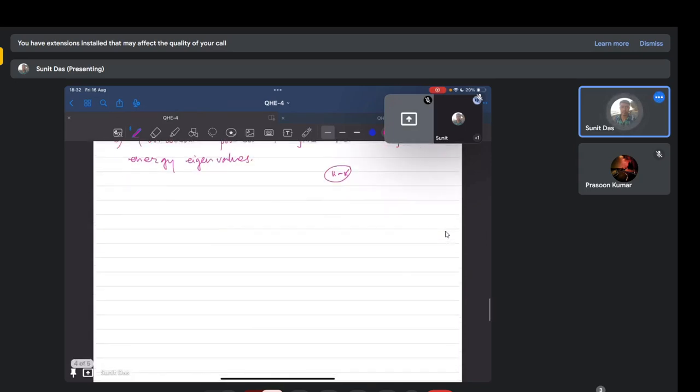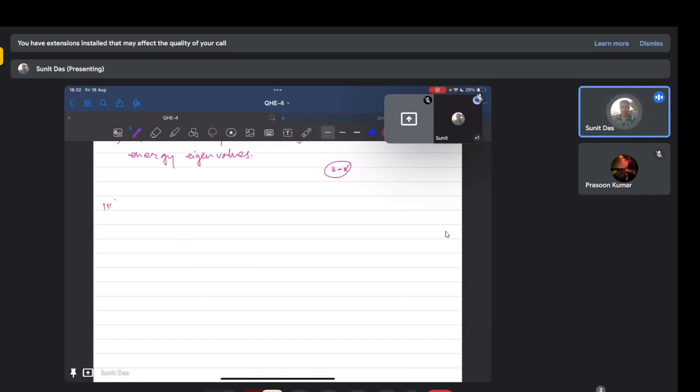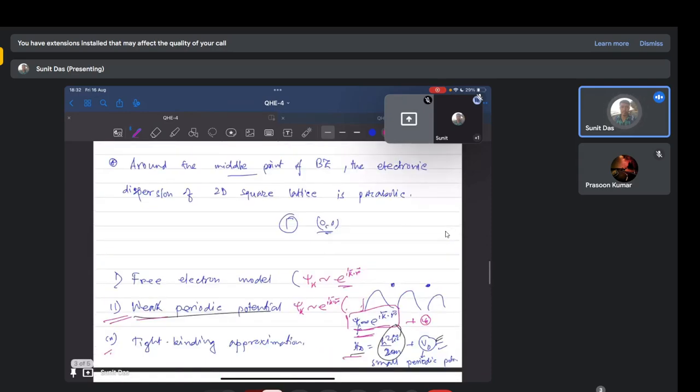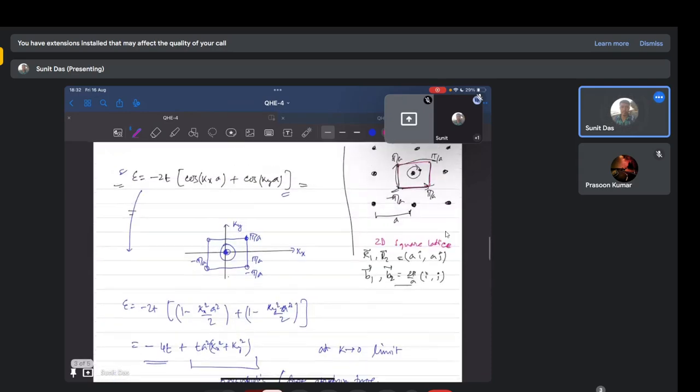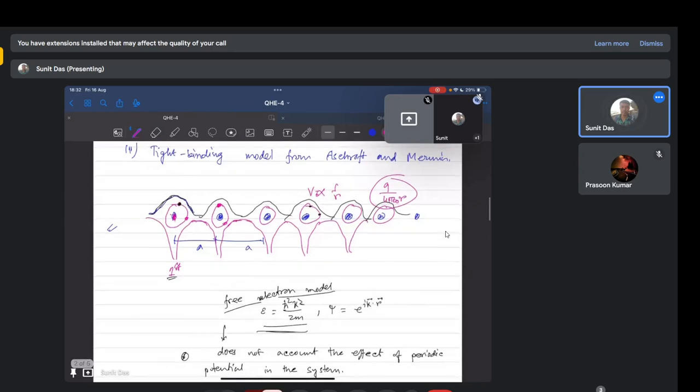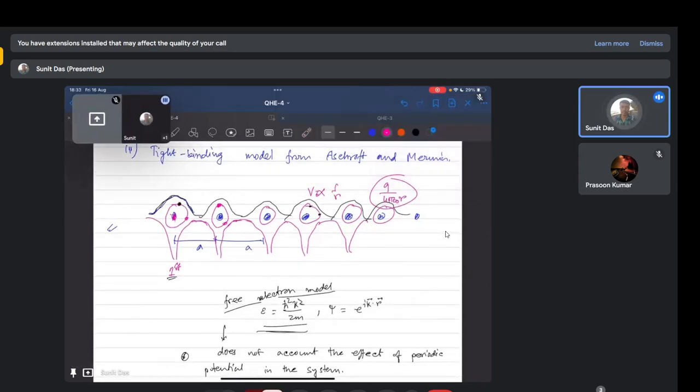But at the other extreme, in method 3, the tight binding method, we go completely opposite. At the very first we say no, electrons are tightly bound, so where is that figure? Yes, so here at the very first we say electrons are tightly bound, but there is some probability of hopping to the next atom.